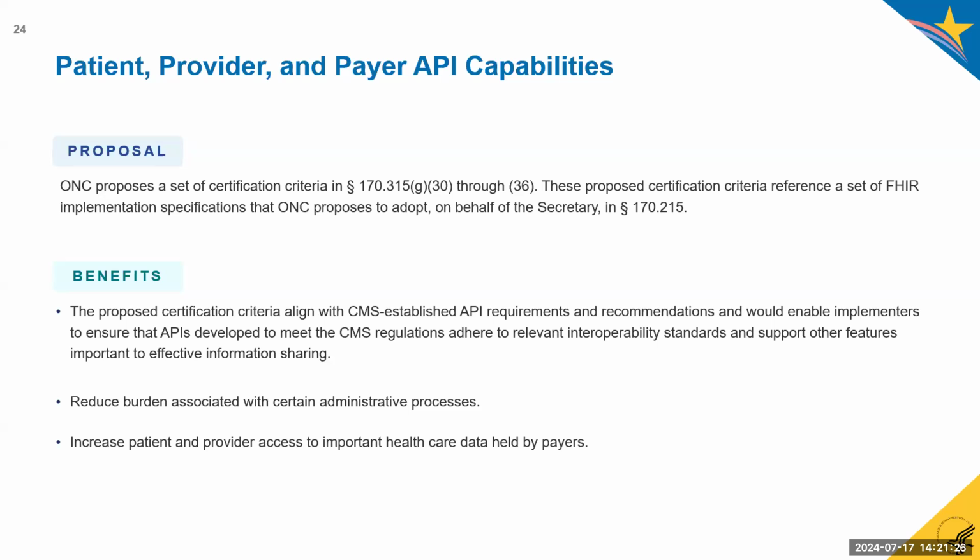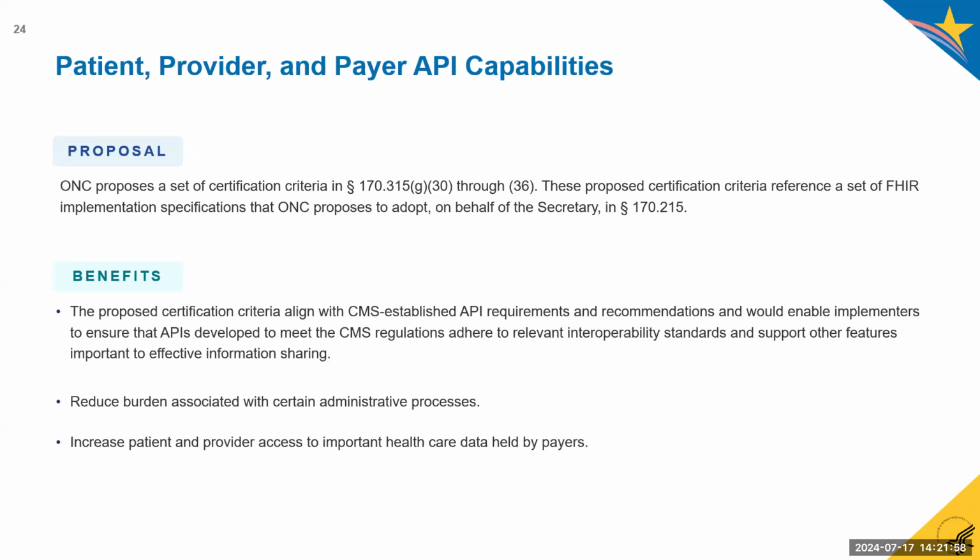These proposals specifically align with a series of policies that CMS has finalized over several recent rulemakings that are designed to create API requirements for certain payers that CMS regulates, to improve interoperability and support other features that are important to effective information sharing.